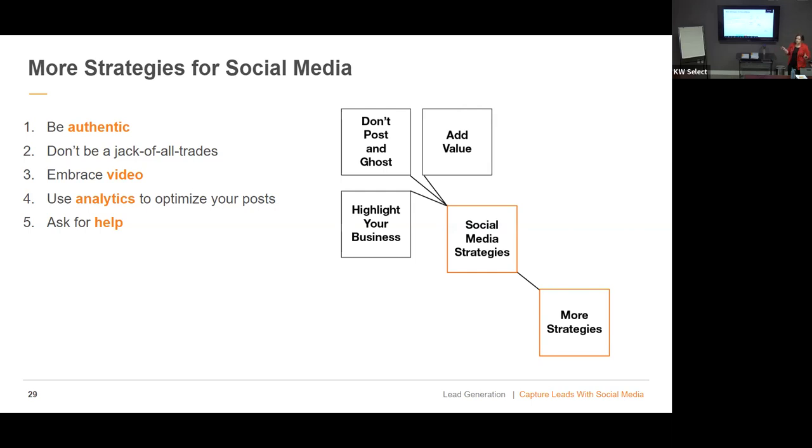I would say try everything for at least 2 months, and then after that, see what's working, what people are engaging with. If there are certain things you're posting, maybe it's your quotes and no one is interacting with them, it's probably time to phase those out or make them a little less frequent. Then put all your effort into the ones that are working. Maybe it's your reels that are doing really well, or you talking about the market. You want to do more of those things.